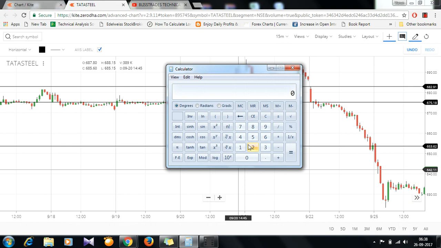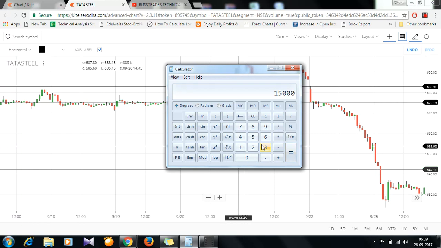This is only an example: I have, suppose, 5 lakhs of capital for position sizing. I risk not more than 0.3% on this trade, so 15,000 would be my capital for that one trade. Let me just cross check. Yeah, 15,000 would be my capital for that trade.